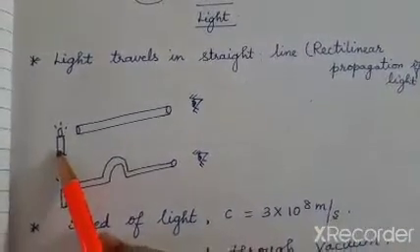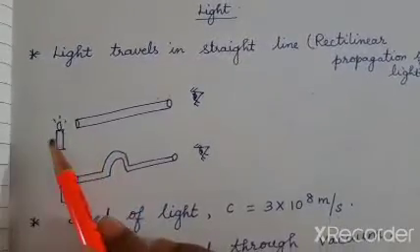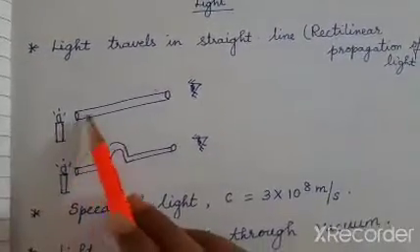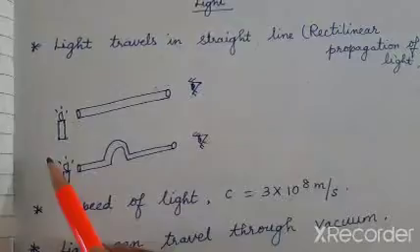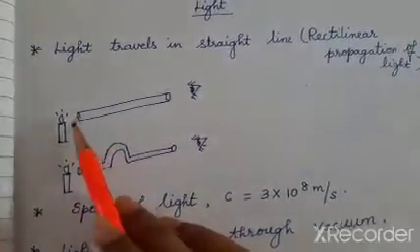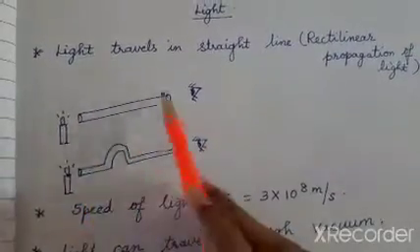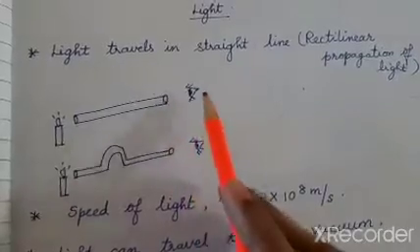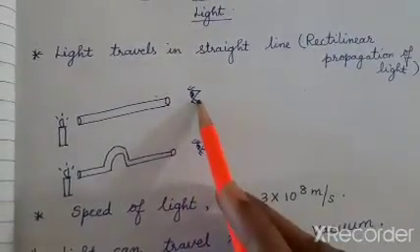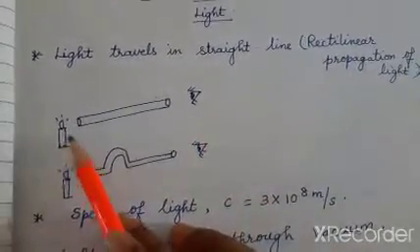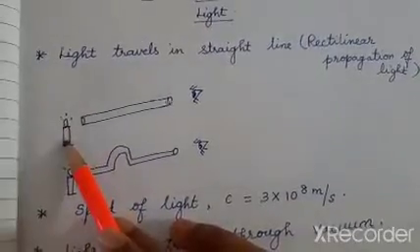This is a candle, okay? So you are going to view the candle through a straight pipe. The pipe has two open ends. One end you will see through the pipe and the other end is the candle, a lighted candle, okay?